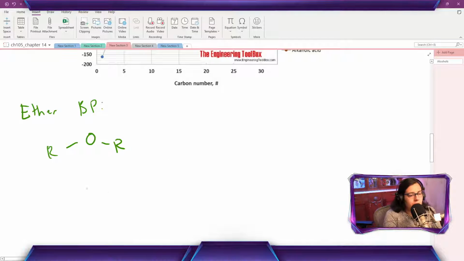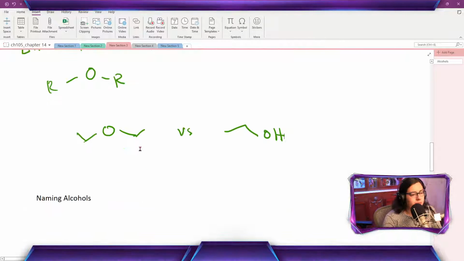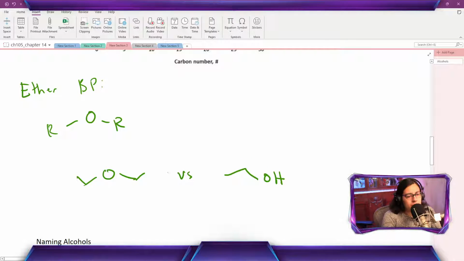So let's compare diethyl ether versus ethanol. As we make our assessment, we have to compare a couple of things. We're looking at, again, polarity, and is there any hydrogen bonding?